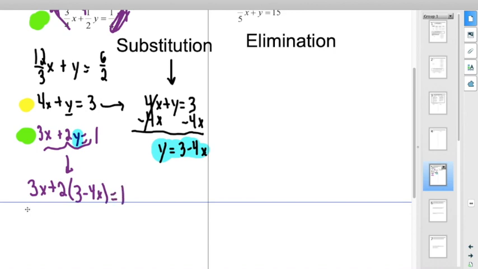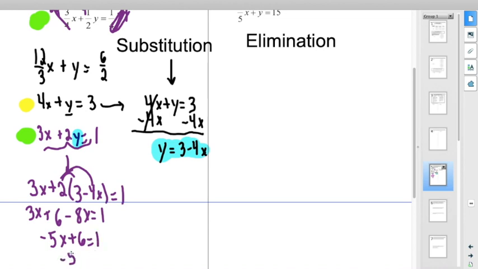And then this is a simple linear equation. 3x plus, distribute here, 2 times 3 is 6. 2 times negative 4x is minus 8x equals 1. Now, combine our like terms. 3x minus 8x, that's negative 5x, plus 6 equals 1.